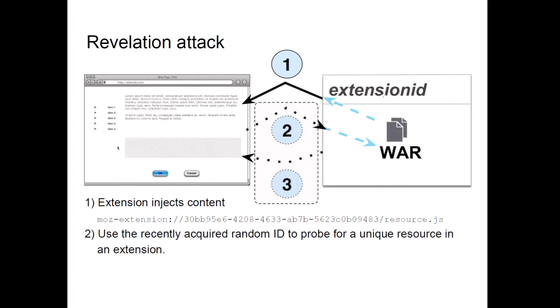And then, using this recently acquired random ID, we can probe for unique resources within each subset of extensions. If that extension is installed, that resource will indeed be returned, which means that we can de-randomize extensions in spite of this randomization scheme, as long as they just give us the random UUID.